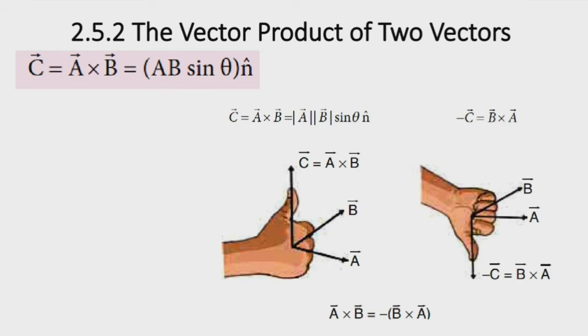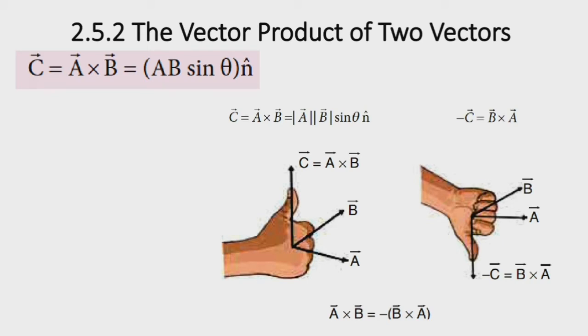The vector product of two vectors is defined as another vector having a magnitude equal to the product of the magnitudes of the two vectors and the sine of the angle between them. The direction of the product vector is perpendicular to the plane containing the two vectors, in accordance with the right hand rule or right hand thumb rule.